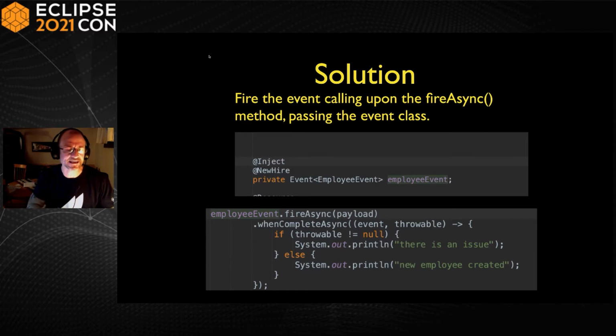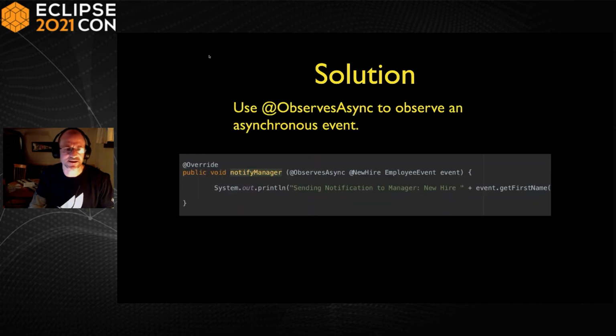You can take any plain old Java class and pass it in as a payload, and then call fireAsync. What it's going to do is call any method that's annotated with @ObservesAsync and any qualifiers.